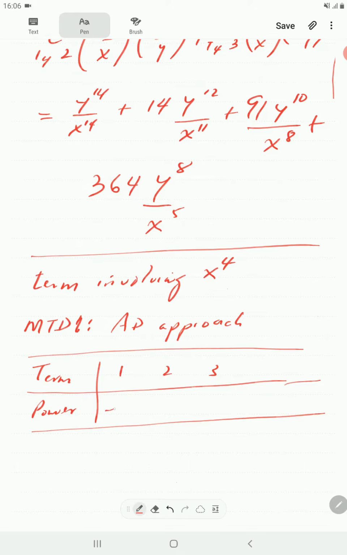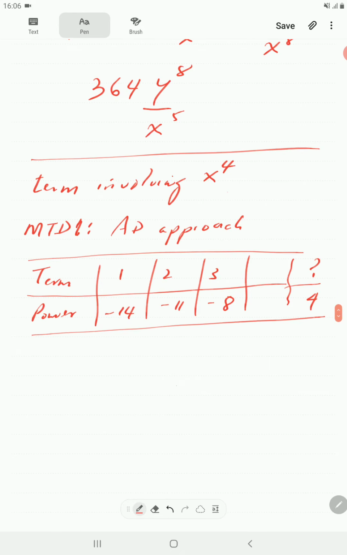In term 1, the power of x is negative 14. In term 2 is negative 11. In term 3, it's negative 8. So what the question is saying is that there is a term where the power is 4. We need to find which term that one is. So if you look at this, the common difference is plus 3.